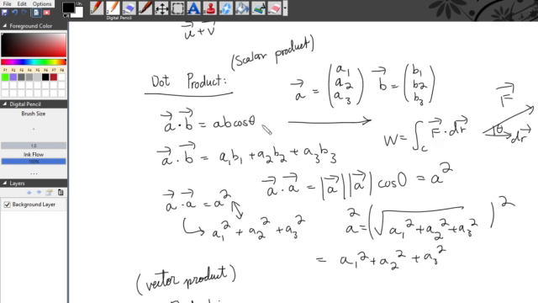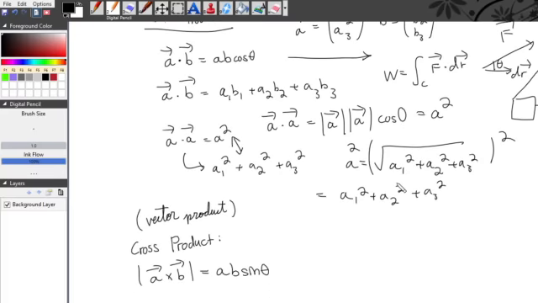As theta gets closer to 0, it increases. That makes sense, because if you're pushing something and the force is like this, but the displacement is like this, you're not going to get much work done because it's pushing upwards. But if the force is like this and the displacement is like this, you're getting more work done. So that's just an application of dot product.